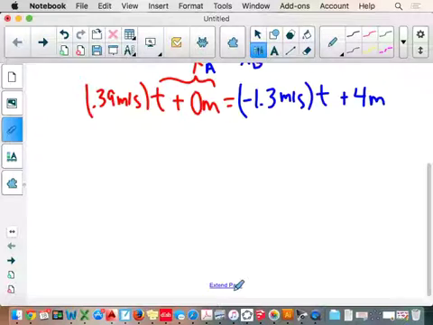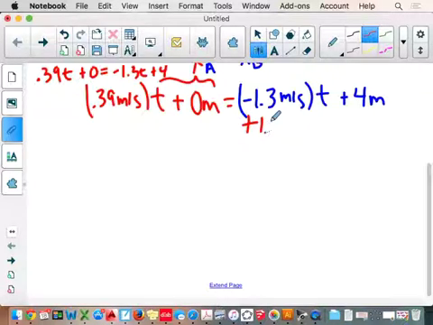So for those of you that are still struggling with the units, maybe off to the side you want to think of this as 0.39t plus 0 equals negative 1.3t plus 4. It's basically the same thing. All right, so we have t's on both sides. I like to have positive values, so I'm going to add 1.3 meters per second times t. A lot of people forget that t.